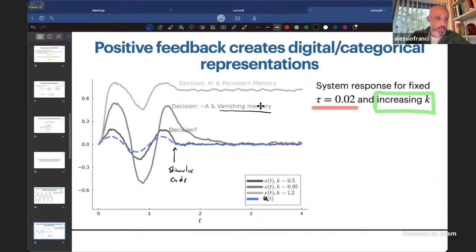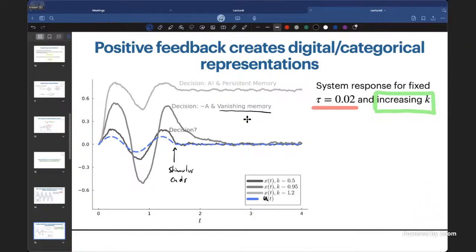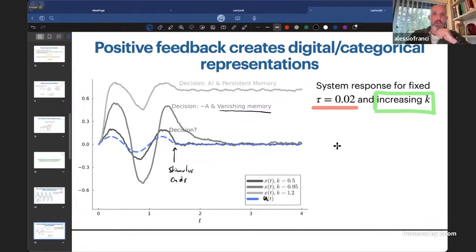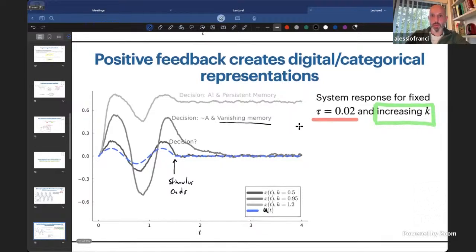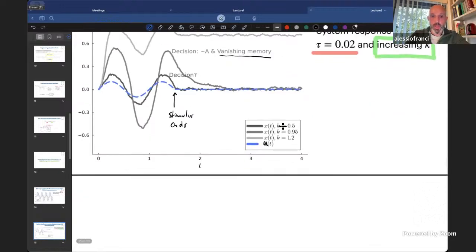Did you see this model already, Omar, in your course? We briefly mentioned it last semester, and it is only until next week or so that we will see it once again. Okay, great. So you will dissect what's going on here from a bifurcation theory perspective, and I think you will find something pretty neat that explains this transition.